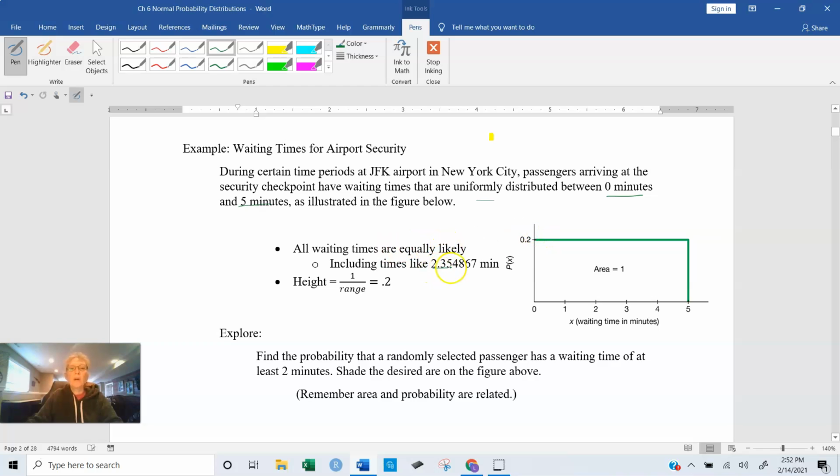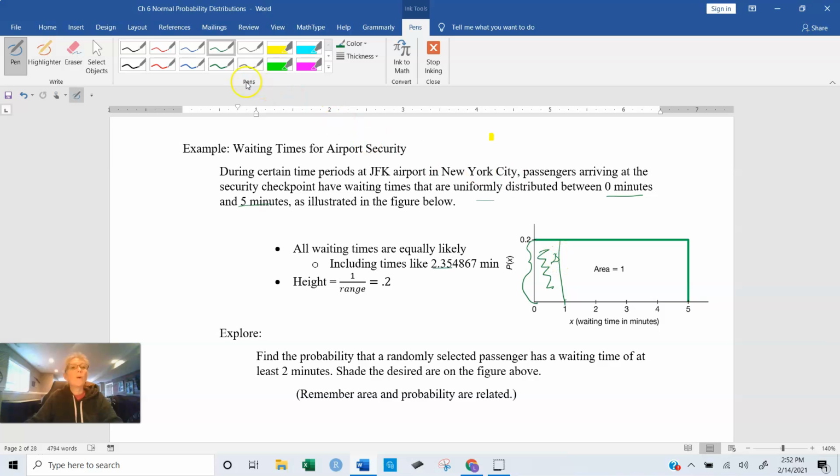Nothing is different. Now the height right here is going to be 0.2. And then if I just wanted to find 1, that would be 1 times 0.2. So this area here would just be 0.2.